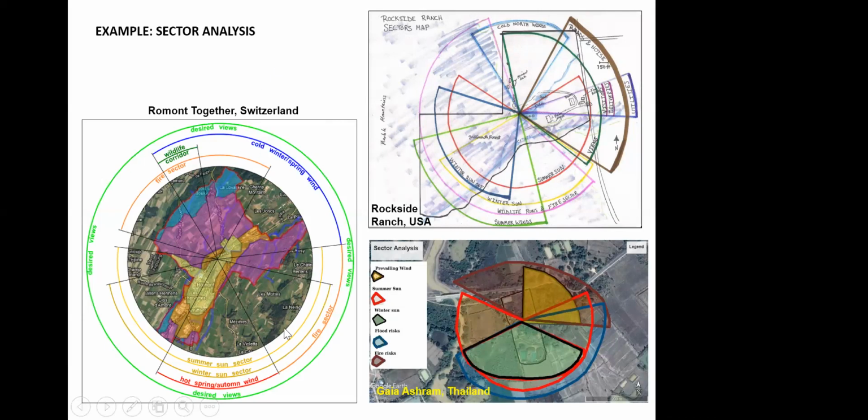Vermont Together, this is a case study from Switzerland a couple of years back. I don't think this case study has actually been uploaded, but I really like the way they did the sector analysis because they did it for a whole valley. And typical of the Swiss, the outside circle here is the green, the desired views is all around it.